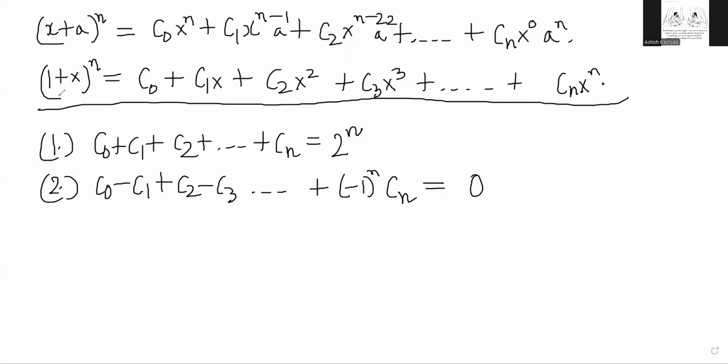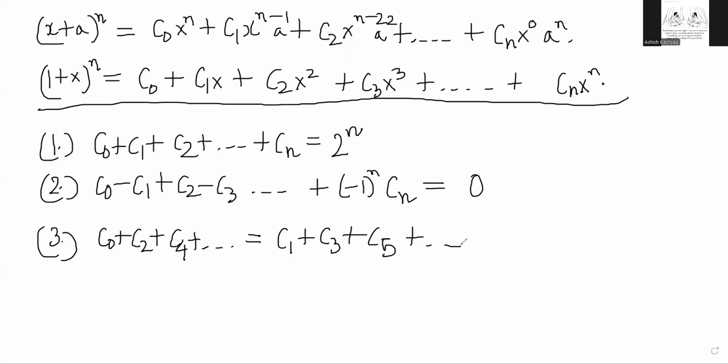If you put x is equal to minus 1 here, you will get that. Then from 1 and 2, if you add them, you will realize that C0 plus C2 plus C4 is the same as C1 plus C3 plus C5, and both of them are equal to 2 power n minus 1. So add and subtract these results 1 and 2 and you will end up with this.